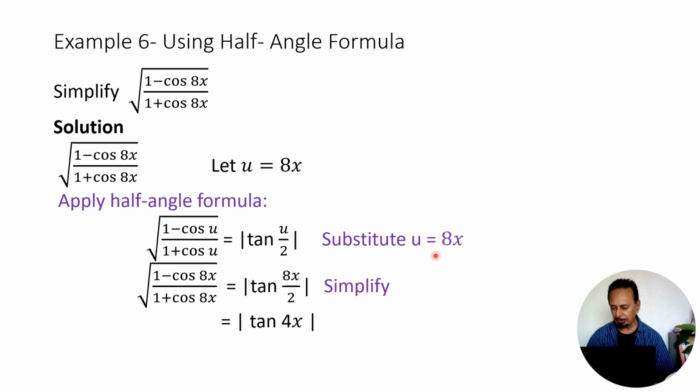Now we substitute u equals 8x. So the square root of (1 minus cosine 8x) over (1 plus cosine 8x) is equal to the absolute value of tangent 8x over 2. Now we simplify, so we have the absolute value of tangent 4x.